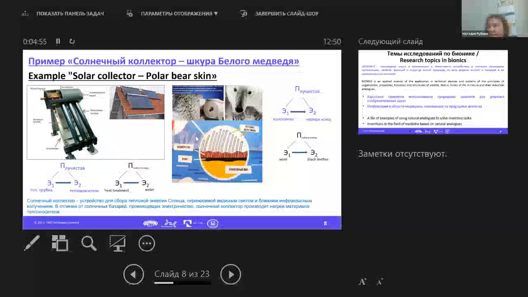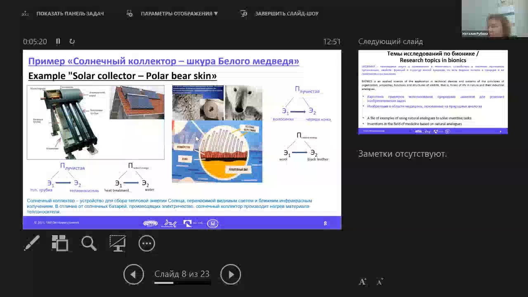Again, this next example is the polar bear skin effect. The skin of a polar bear is transparent, it's not white, and each hair is a light transducer which is used to transfer the energy to the skin.